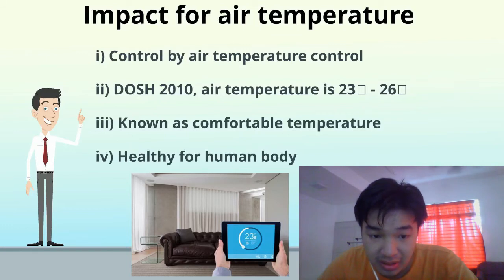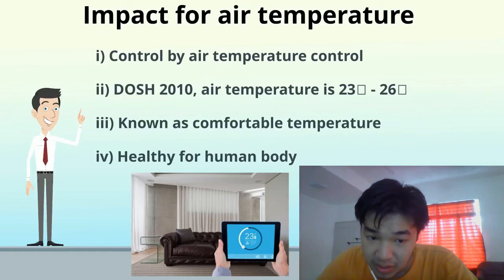According to the Malaysia DOS 2010, the acceptable range for the air temperature is 23 degrees Celsius to 26 degrees Celsius. In this range, it is known as the comfortable temperature.